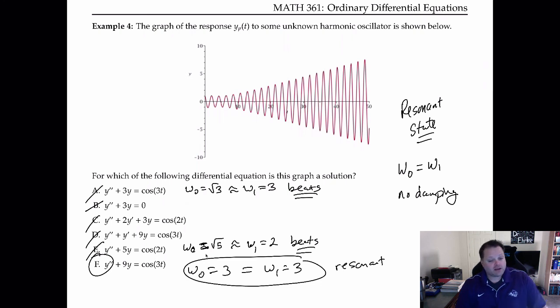So you need an understanding of those 3 different states that we're in: the state without forcing, the state where beats occur, and then the state where resonance occurs. You need to understand the transition between those states and how to calculate the different values associated with the beat period, beat frequency, rapid oscillations, etc.